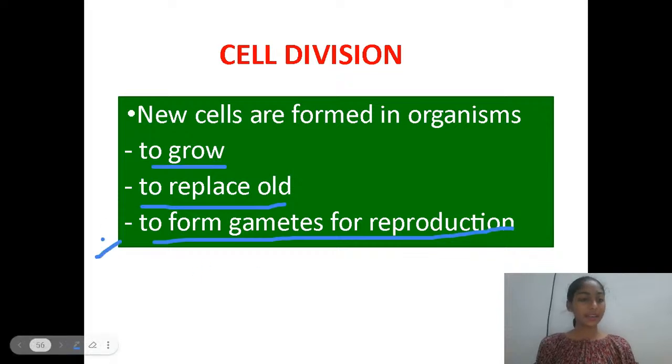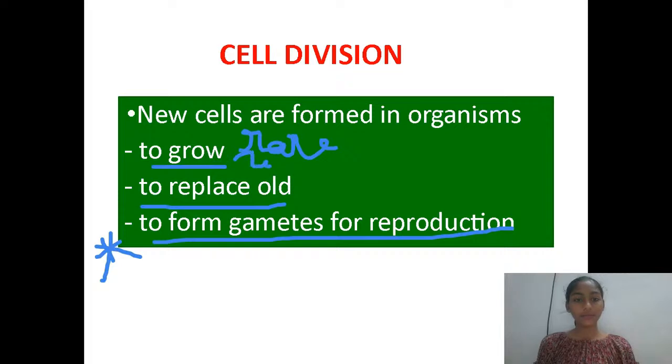So mainly cell division happens to replace the old cells, to grow, to form gametes for reproduction, or to replace the sick or damaged cells.